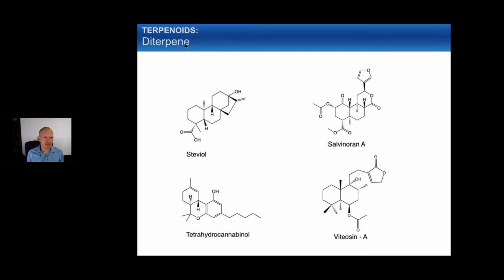So stevia is on the left-hand side, THC is at the bottom left. Salvinorin A is a diterpenoid that's found in diviner sage, or Salvia divinorum. You may have heard of it. It's a member of the mint family, but it's used by a very small group of shamans in Mexico, and the diviner sage is usually chewed in the mouth, in big mouthfuls, for long periods of time.